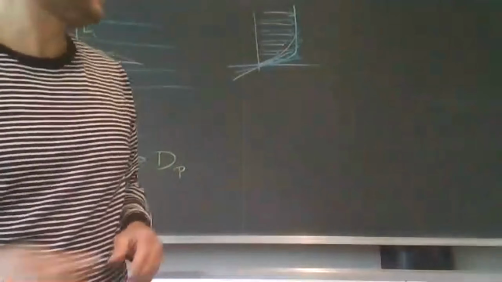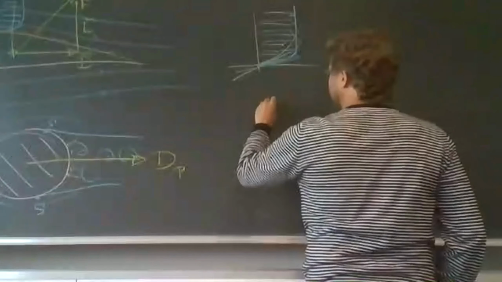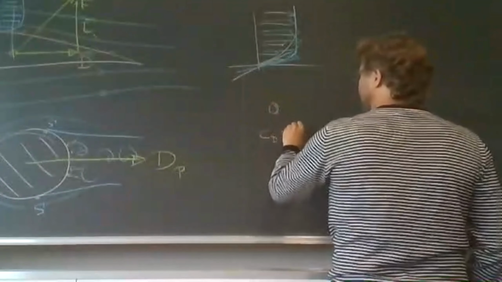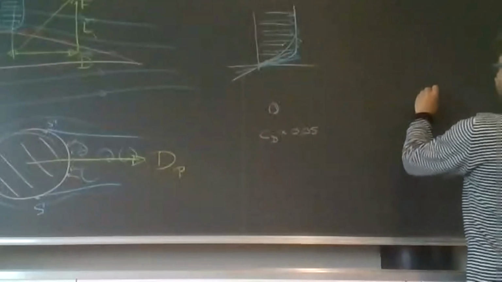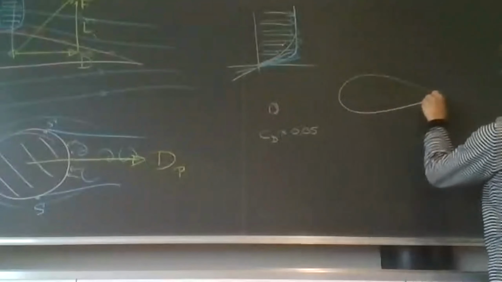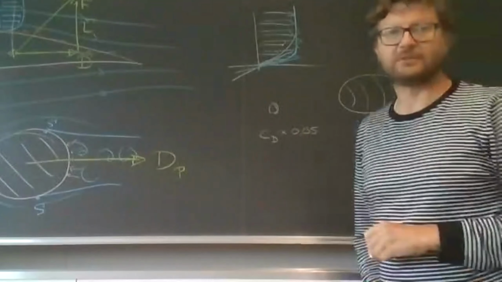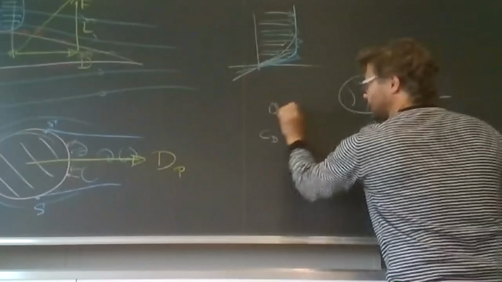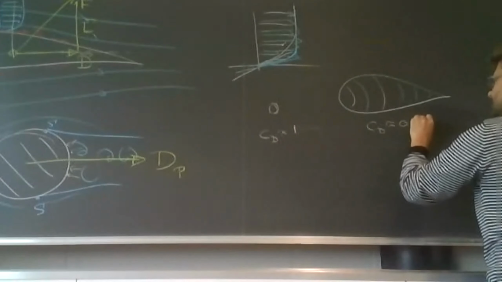So for our little disk we have a drag coefficient of approximately 1, and for our airship-shaped, droplet-shaped object, approximately 0.05.